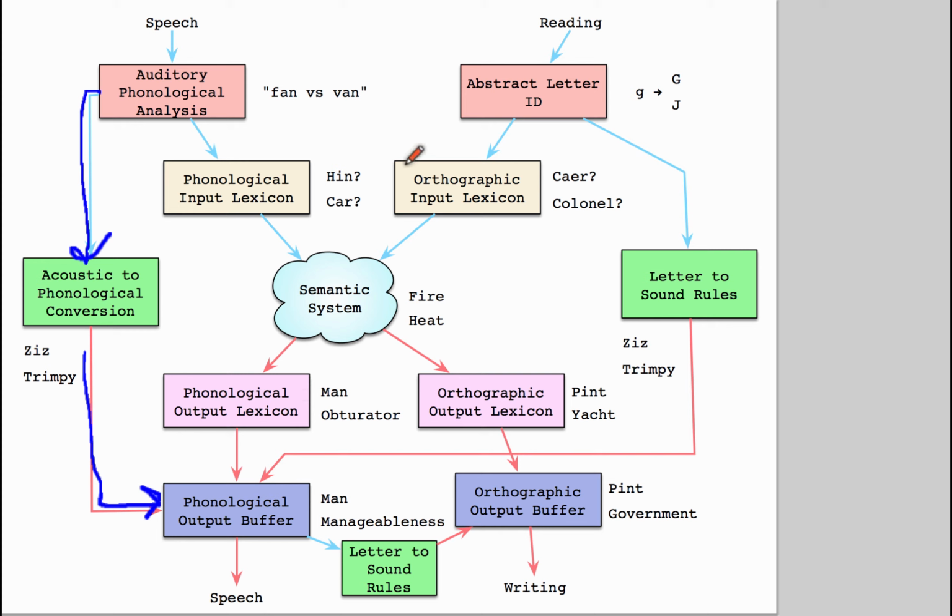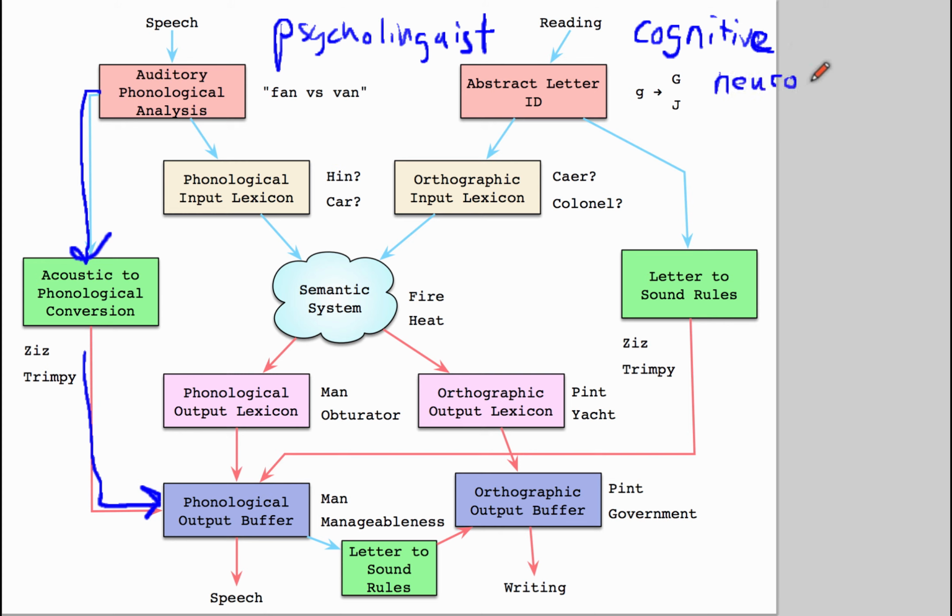And once I started reading the psycholinguistic literature, so this model is sometimes called a psycholinguistic model. Other people have called the model and the way of thinking about language being processed in steps like this a cognitive neuropsychological model.